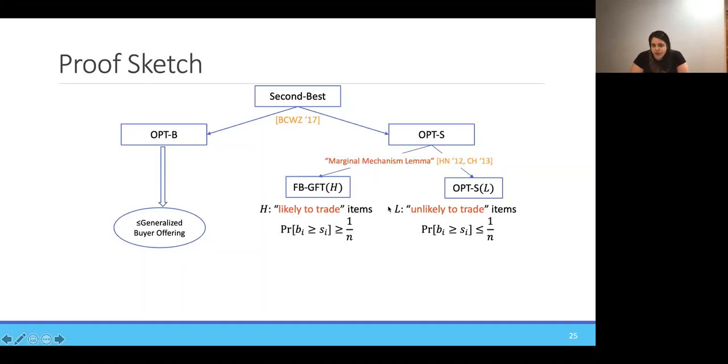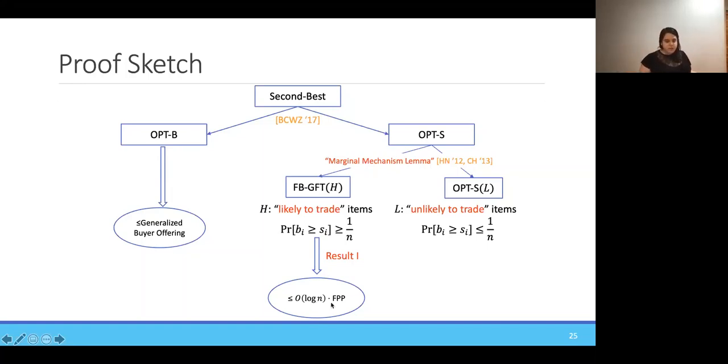And the reason that we're dividing into these likely to trade items and unlikely to trade items is you'll remember that we had our prior approximation in terms of R. What was R? It was the minimum trade probability. Here we're saying all items are at least 1 over n likely to trade. So our minimum trade probability is 1 over n, which means this part will get a log n approximation. So we engineered the split that way.